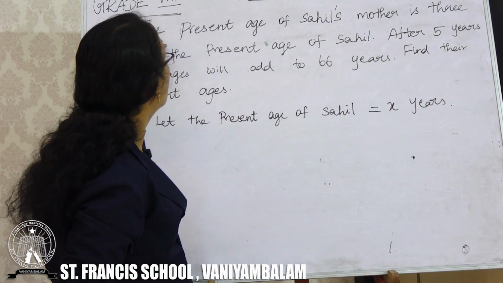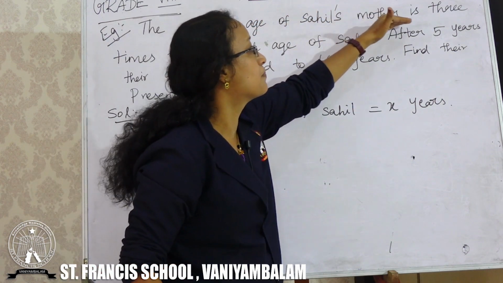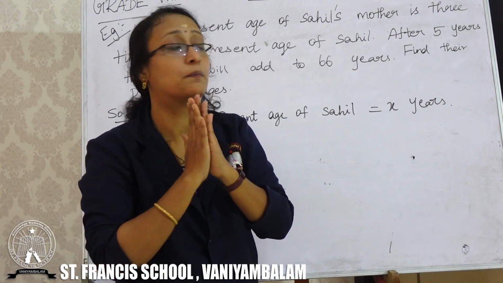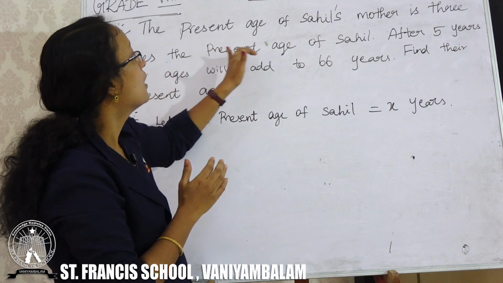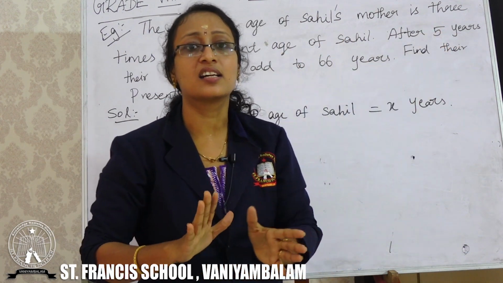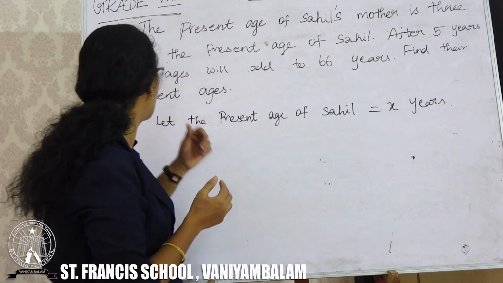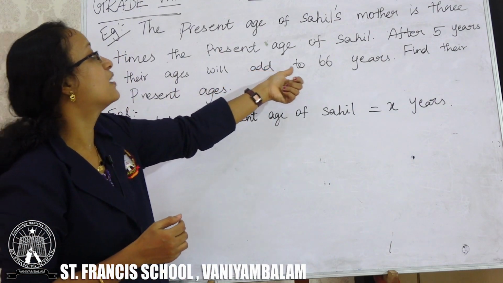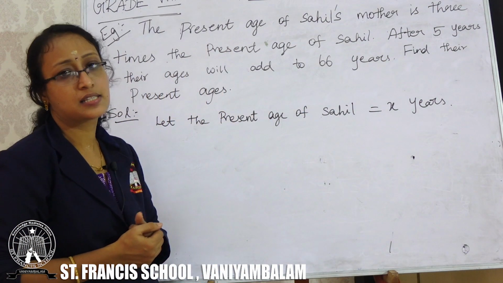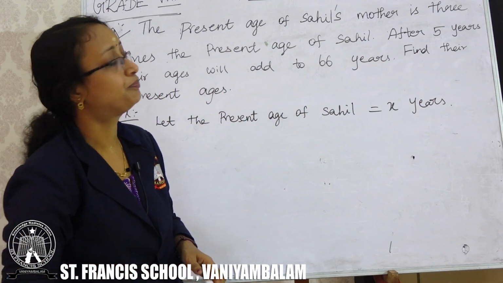See, read the question once again. The present age of Sahil's mother is 3 times the present age of Sahil. After 5 years, that is after 5 years from now, their ages will add to 66. Find the present ages. So how will you find?